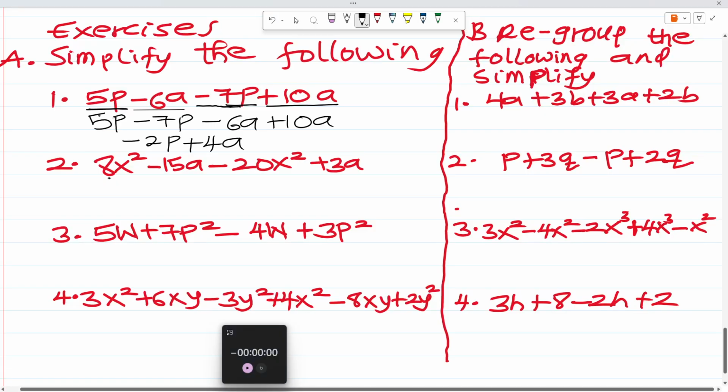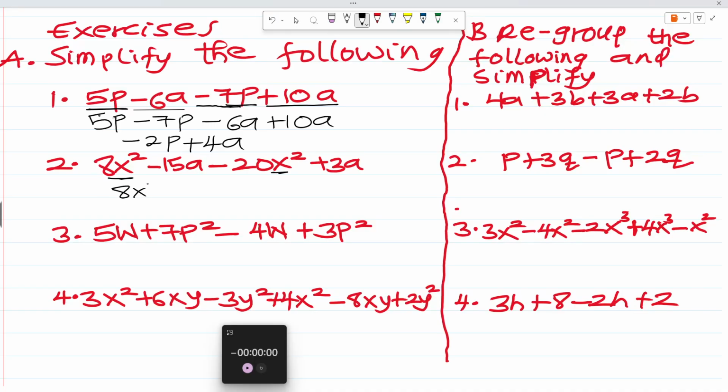So we have 8x squared here. So we scan through the expression. Okay, there is x squared in this term, and there is also x squared in this term. So we have 8x squared. Now we have negative 20x squared. Next one we have negative 15a.